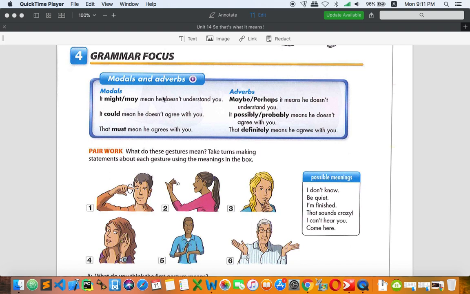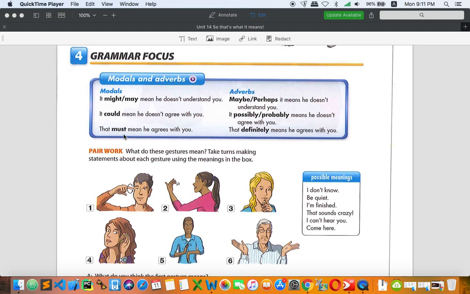And if you take a look at the differences between modals and adverbs, they are all about possibility. May or might, it doesn't matter, is somewhere about 50 to 60%, and could is about 70%, and must is more likely 100%, but I cannot put it at 100%.